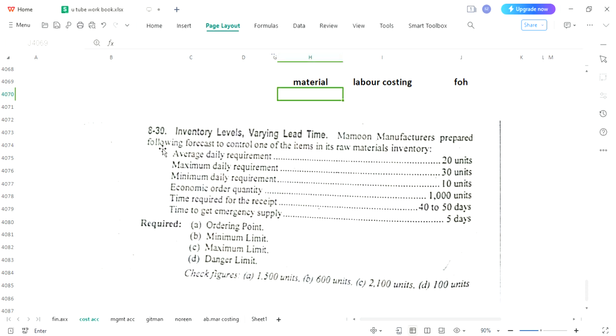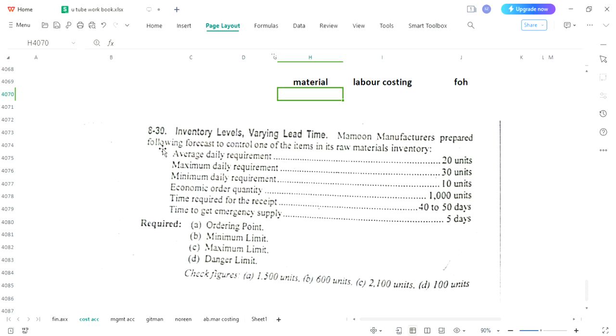I have already told you that labor costing, factory overhead and material chapters are completed, but there are unlimited factors associated with these three elements. There is no end to knowledge and skill.